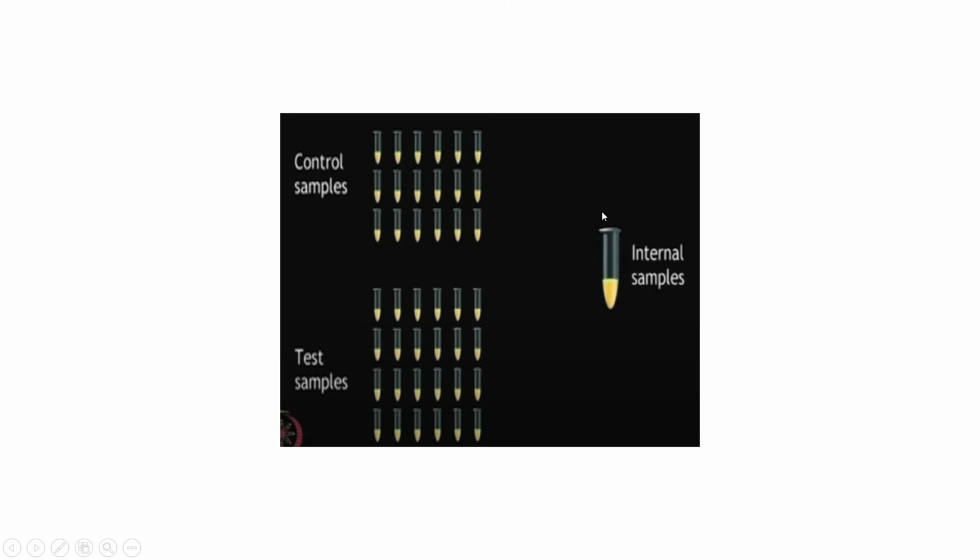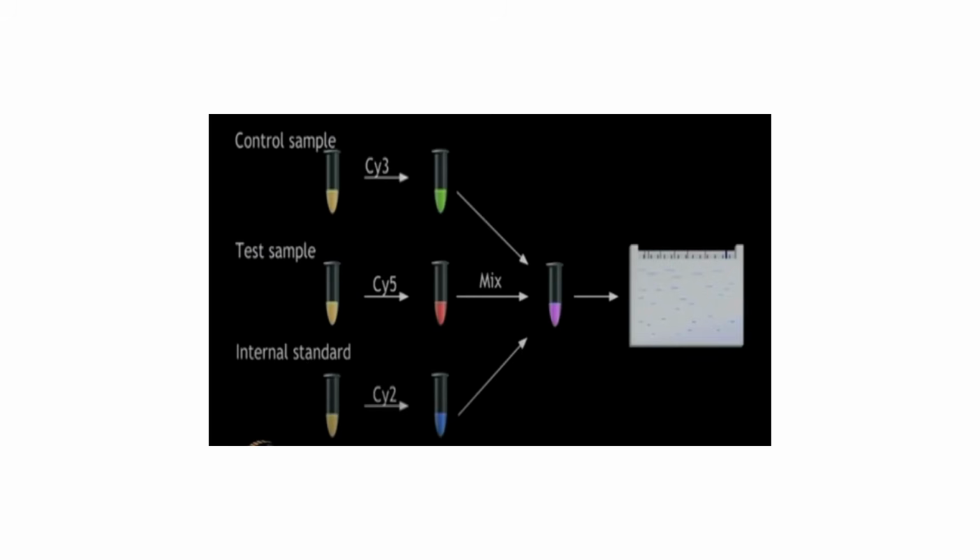So the number of steps you need to perform will be reduced by using the DIGE technique. You can take the control sample and test sample, pool everything into one after giving a specific dye treatment, and then run one gel itself instead of running three different gels.